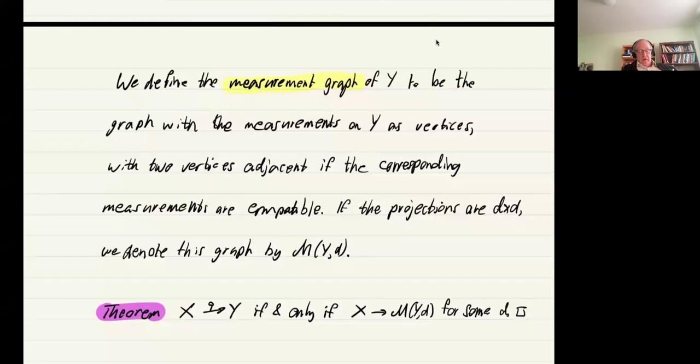The theorem is that there's a quantum homomorphism from X to Y if and only if there's a homomorphism from X to this measurement graph. Now, I view this as almost immediate from the way we set up our notation. It's an immediate consequence. So this says the question of deciding whether there's a quantum homomorphism from X to Y reduces, probably in quotes, to the question of deciding whether there's a homomorphism from X into that infinite graph.